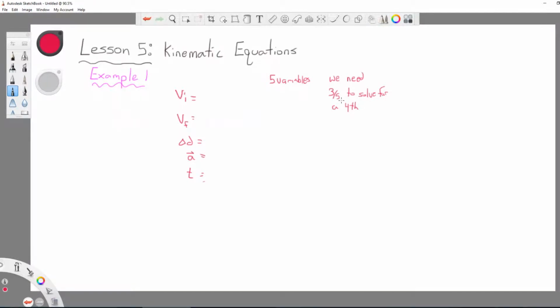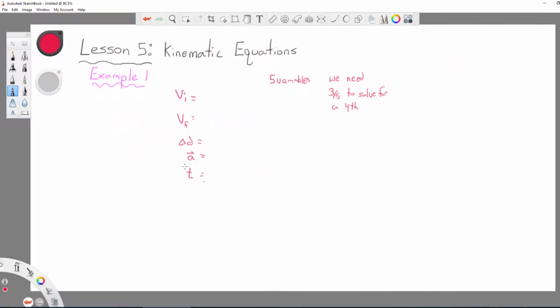And that's just a fact. If we have any combination of 3 of these, we can solve for the other 2. That is because our formulas each have 4 terms, so if we have 3 of 4, we can always solve for a fourth. All right, let's jump into the problem, and I will demonstrate this a little bit here.